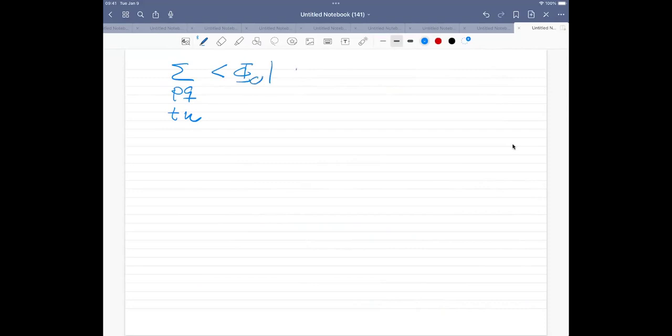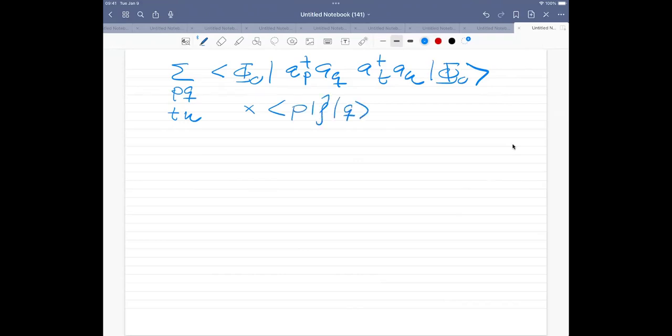And then I have the operator a_P dagger a_Q, and then I have my a_T dagger a_U acting on phi 0. And this is then multiplied by the matrix elements or the integrals P of f of Q multiplied with T of f of U. So this is the expression without the energy denominator.